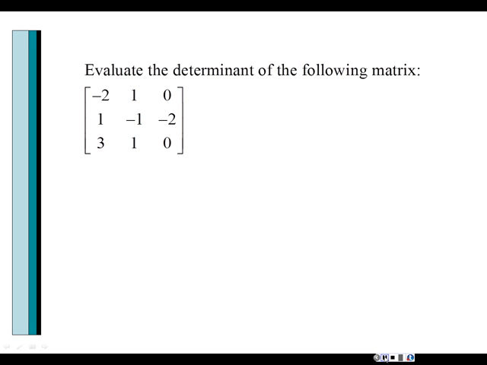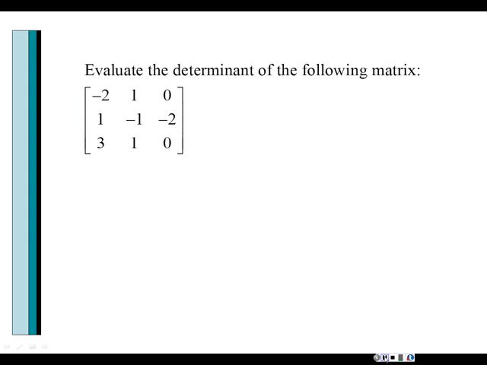Remember, we'll be using the column 1. Now when we take the first element of the column 1, let's say the first element here is -2. When we take -2, we will eliminate the first row and the first column, right? We'll take the rest as a determinant. When we take 1, we'll eliminate this column and this row. We'll take these 2 and this 2.